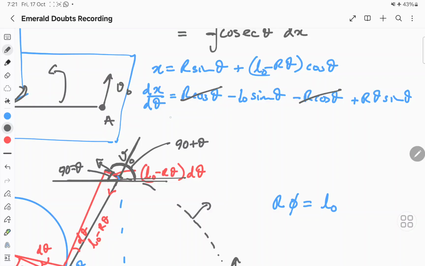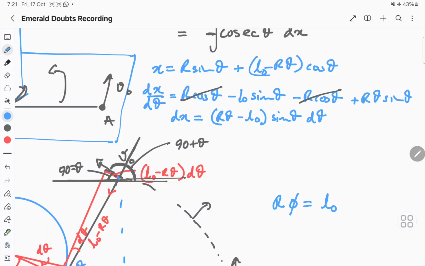So what we are getting over here is our dx is equal to r theta minus L0 into sine theta into d theta.